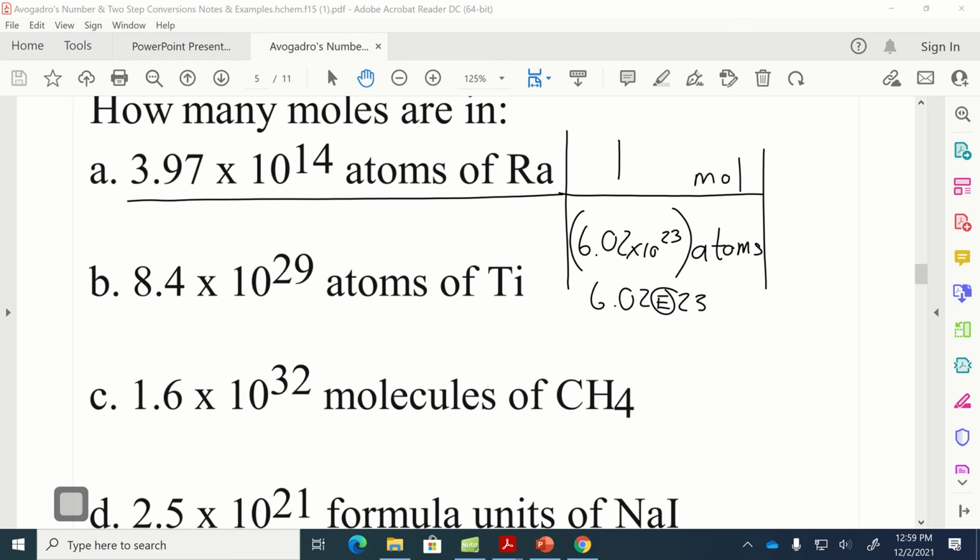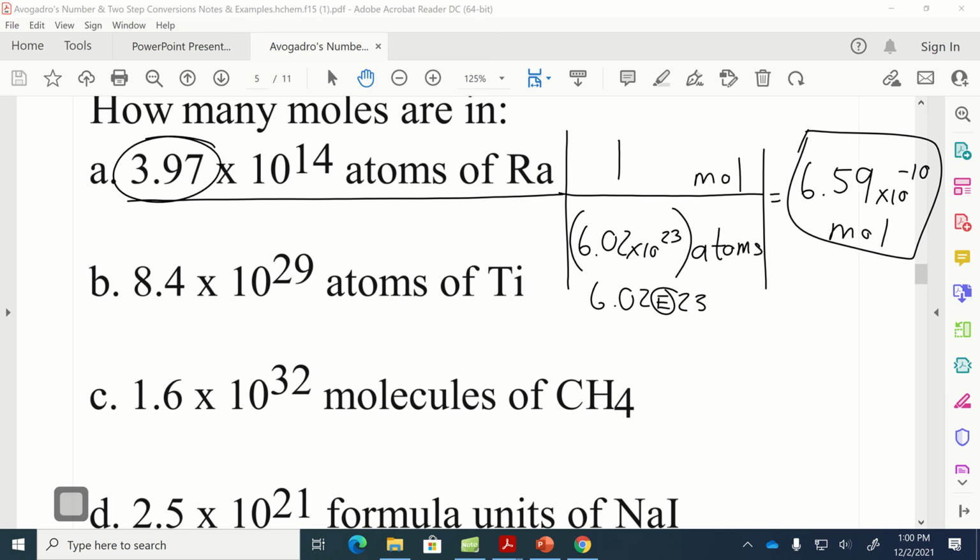I get a big number. Looking back at sig figs, 3.97 is 3 sig figs, so this comes out to 6.59 times 10 to the negative 10th moles. Very, very tiny. You can see I'm way below the 23rd, so it's definitely much, much smaller.